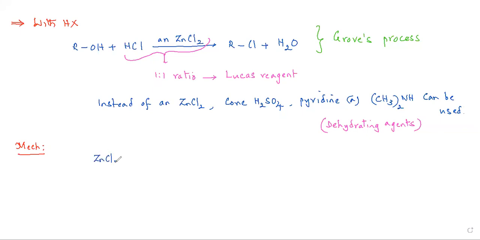Let us see the mechanism. We know that ZnCl2 is a Lewis acid. Okay. With the alcohol, this of course is a Lewis base, an electron pair donor.